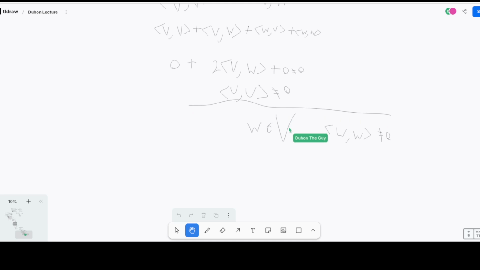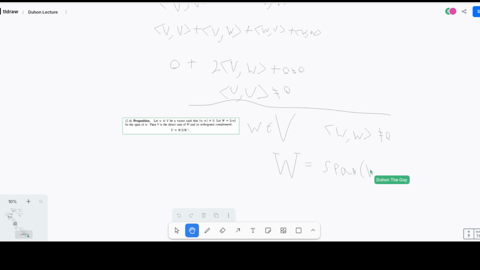Let me actually select a proposition here, just for posterity's sake, so I don't have to keep looking there, and so that you can actually see it too. There you go. So w is different to 0, and let big W be the span of w.